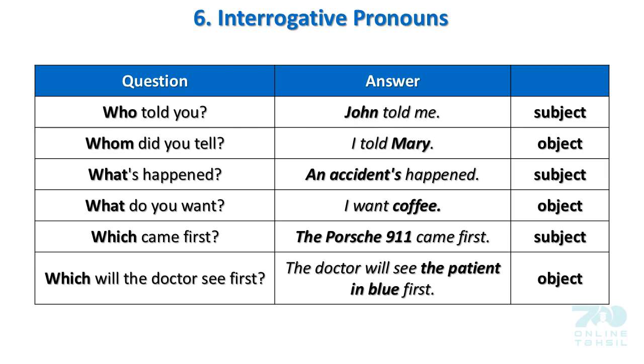Whom did you tell? Answer. I told Mary. Object. Question. What has happened? Answer. An accident happened. Subject. Question. What do you want? Answer. I want coffee. Object.